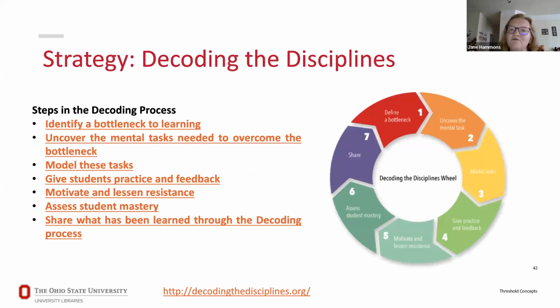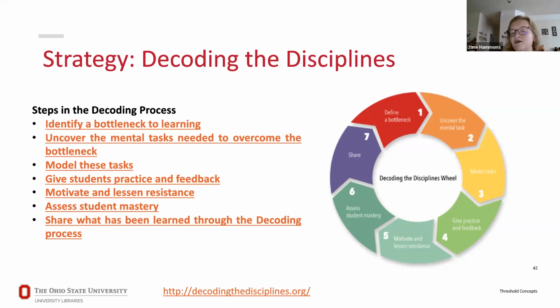And then I wanted to highlight really quickly just the strategy of decoding the disciplines. I know I've mentioned this before in other workshops, but decoding the disciplines works really well in tandem with threshold concepts. So this is a model for helping us to identify what we know and how we can explain that to students. So modeling, identifying those bottlenecks, and then modeling that for students.